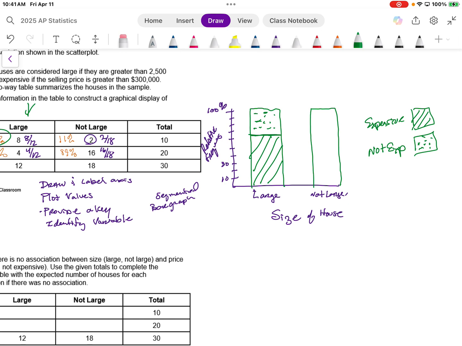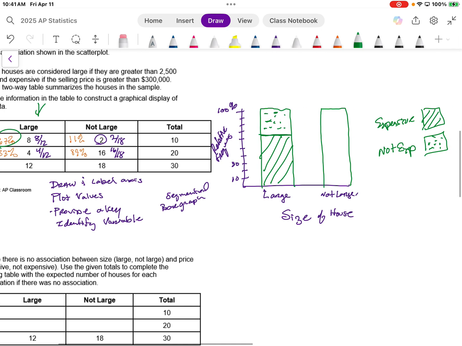Now I go over to the not large, and I do the same thing. For the expensive, there's 11%, so just a smidge there. Draw the same pattern, and then the other part gets the dots. Again, we don't have the benefit of using color pens on the AP test, so we're kind of limited to that.